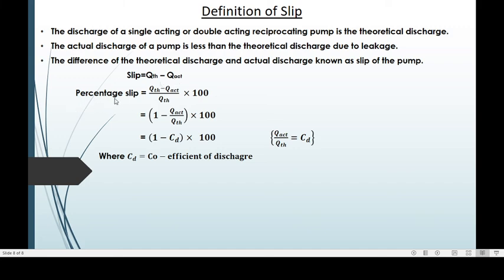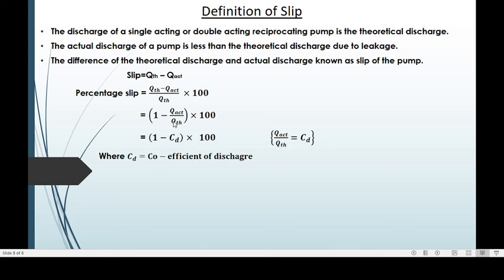Next, percentage slip. How are we finding the percentage? The difference between the theoretical and actual discharge, divided by the theoretical discharge, into 100, is known as the percentage of slip. So you can write this as 1 minus Q actual divided by Q theoretical, into 100.